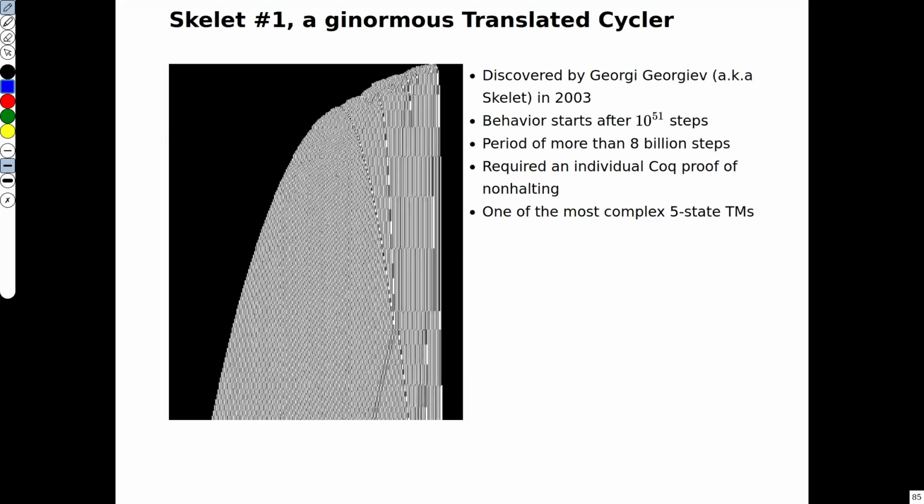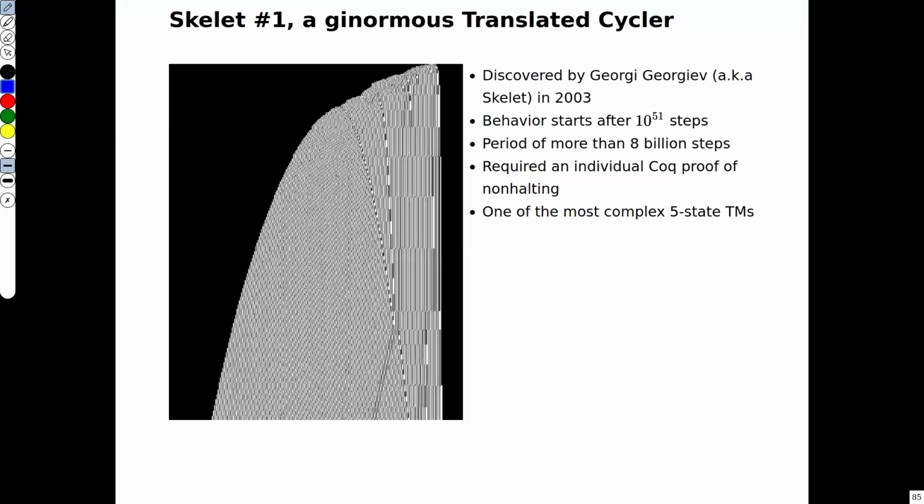This is because the author of the BB-Find program, Skeleton, released a list of the machines that his program couldn't decide.